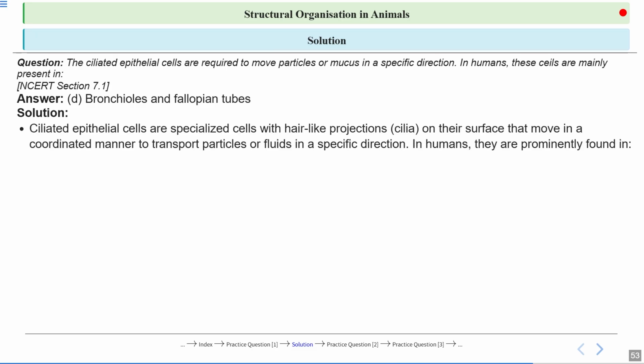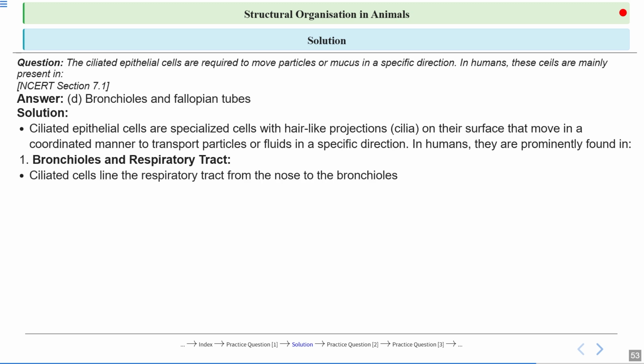Let us see the explanation. Ciliated epithelium cells are specialized cells with hair-like projections, cilia, on their surface that move in a coordinated manner to transport particles or fluid in a specific direction. And in humans, they are found where? First, bronchioles and respiratory tract. Ciliated cells line the respiratory tract from the nose to the bronchioles. So inside the respiratory tract, you can see they are having the cilia-like cells, right?